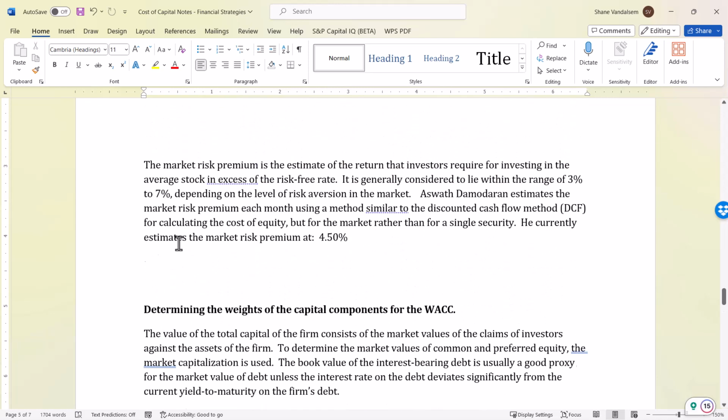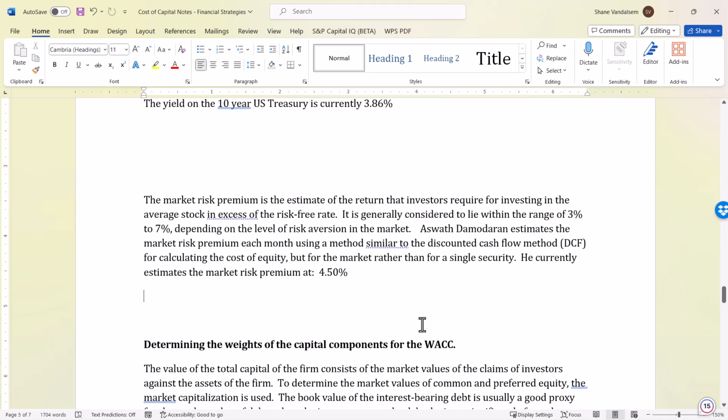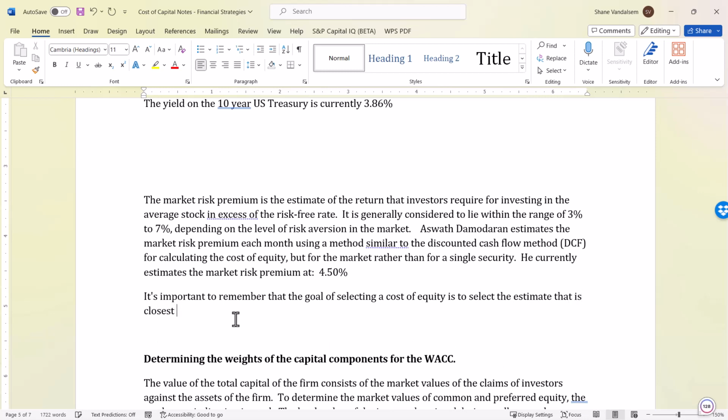So I'm just going to put in your notes here, before determining the weights of the capital components, it's important to remember that the goal of selecting a cost of equity is to select the estimate that is closest to the actual cost of equity for the firm.